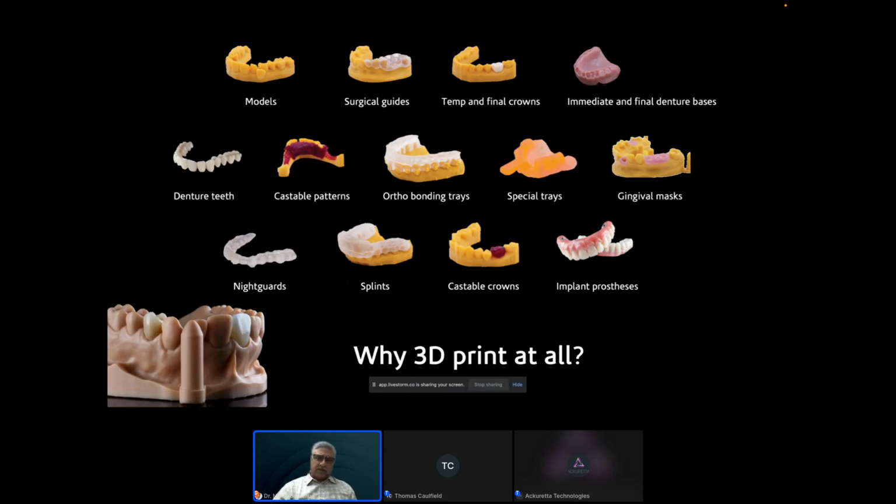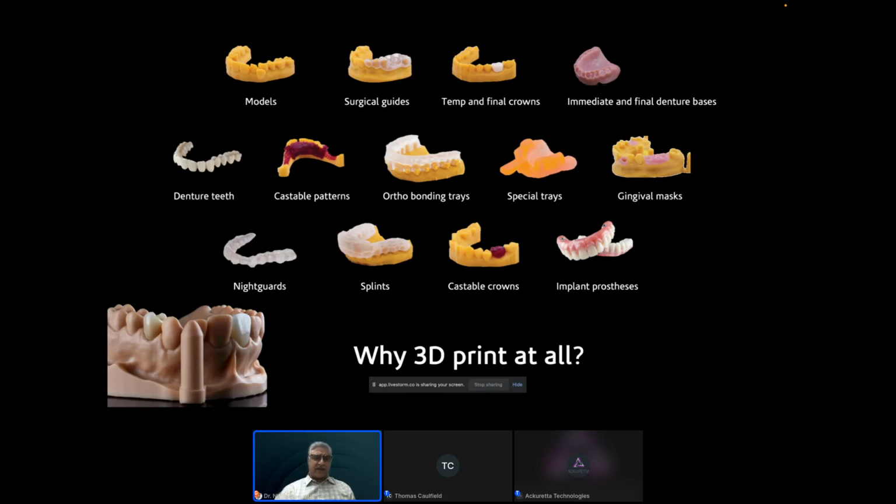And so you can print models, surgical guides, temporary crowns, definitive crowns, immediate dentures, even definitive dentures, denture teeth, bonding trays for orthodontic appliances, special trays for impressions for implants and teeth, gingival masks, if you like that kind of thing. Night guards, I do a lot of those. Splints, again, do a lot of those. And implant prosthetics, even full arch implant prosthetics.